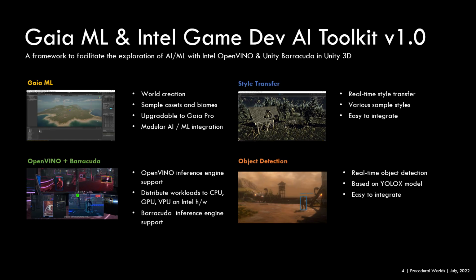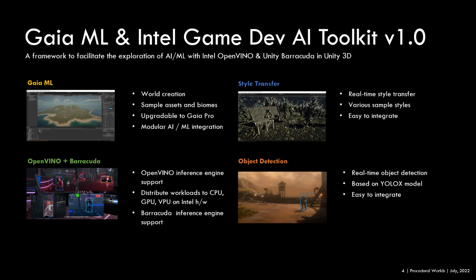So in this presentation, I'm going to talk about Gaia ML and the Intel Game Dev AI Toolkit version 1. This is a framework to facilitate the exploration of AI and machine learning with Intel's OpenVINO and Unity's Barracuda in Unity 3D. The toolkit consists of two major components.